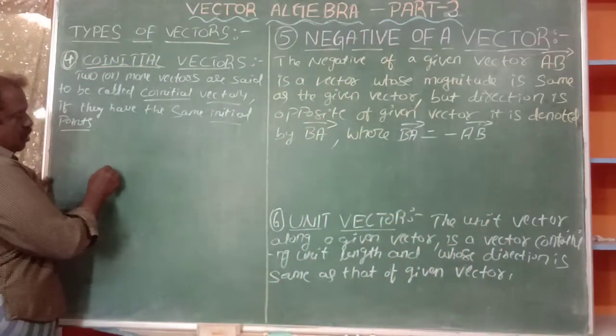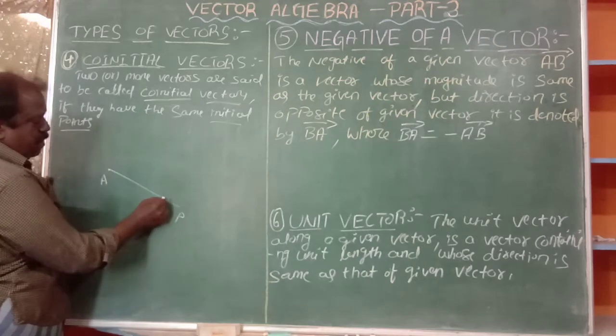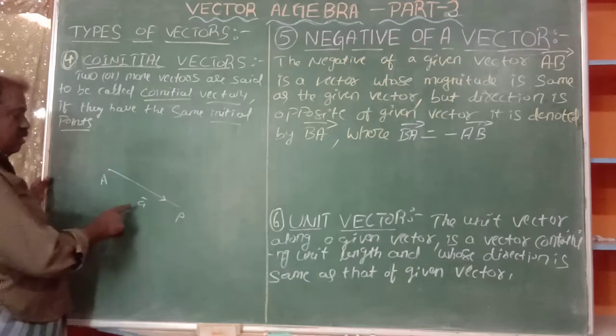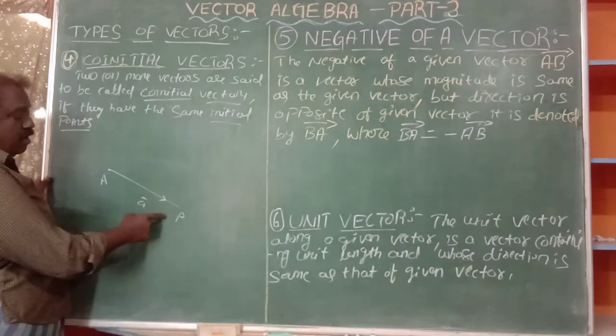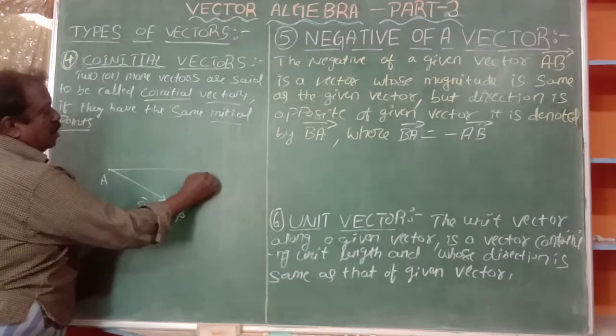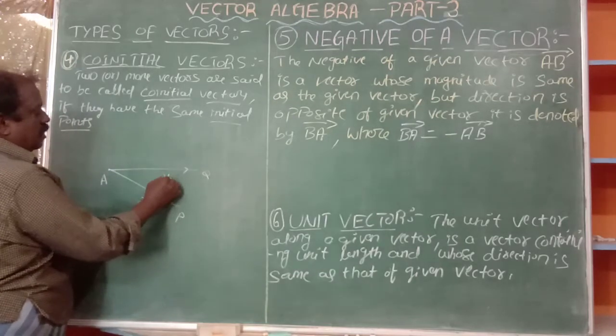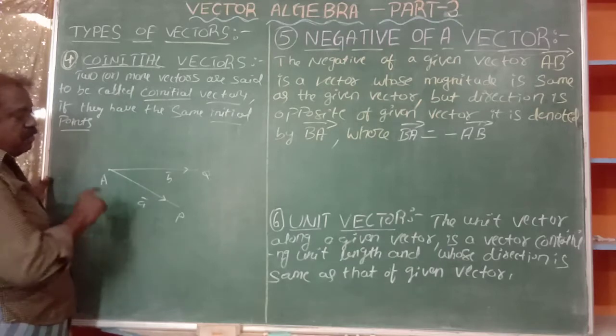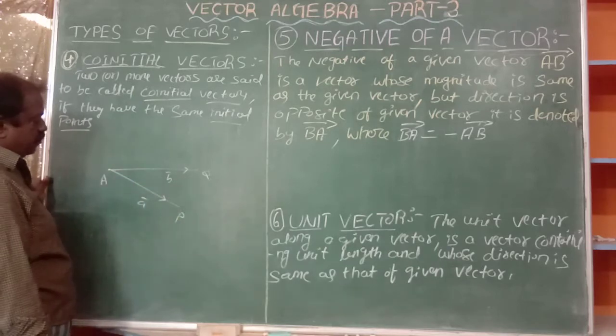Suppose A is the initial point, AP is a vector, A bar. This is A bar, AB bar also. Two are the notations. AQ is a vector, B bar. With a single letter, B bar, AQ bar.